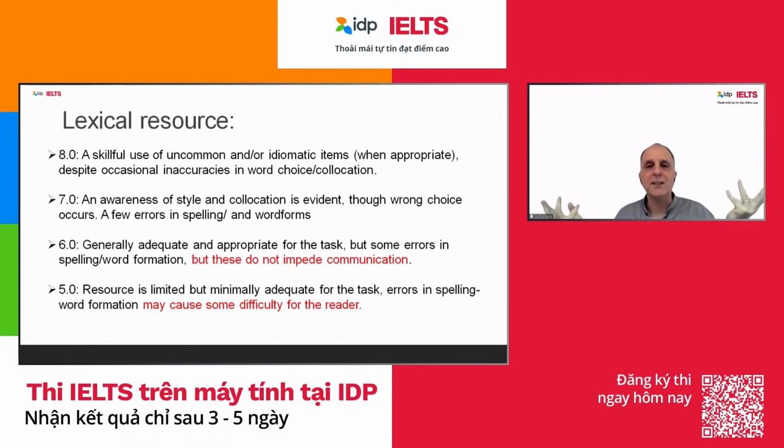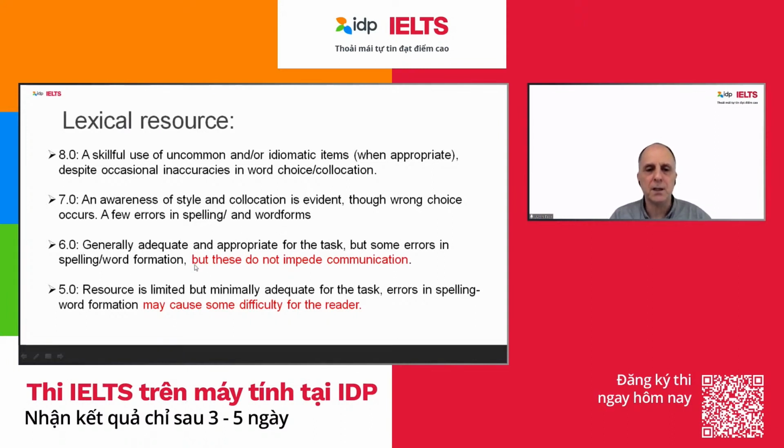We shouldn't use that even in speaking. All right. So we've got to be a little bit careful about our word choice and collocations. So awareness of style. That's the key part on this. Remember, it's a kind of formal, and collocation is evident. Some slips as well.